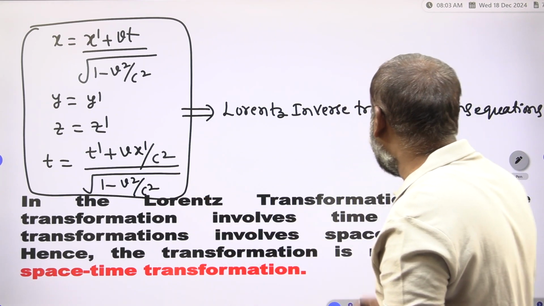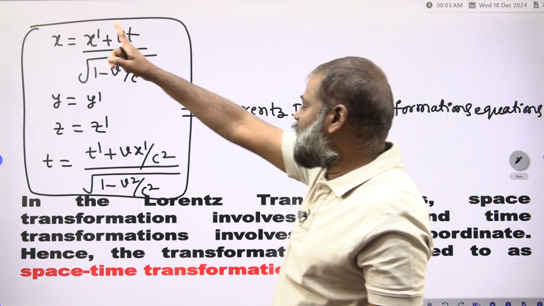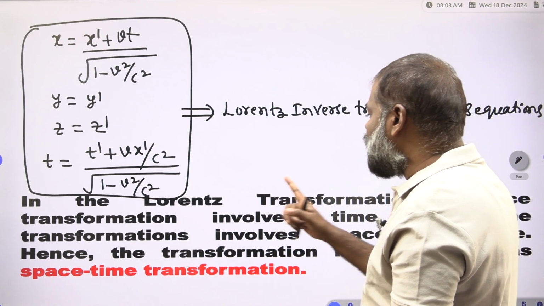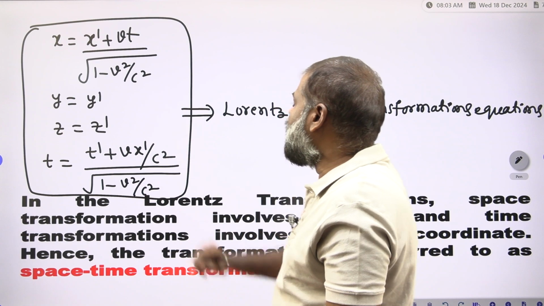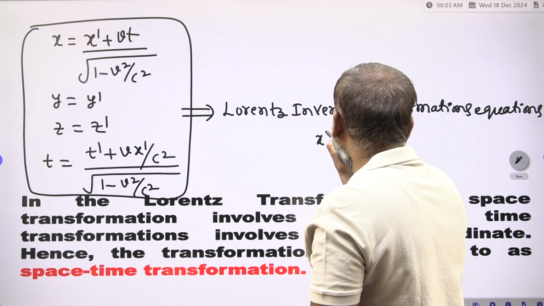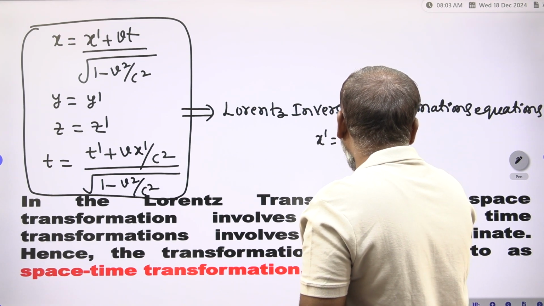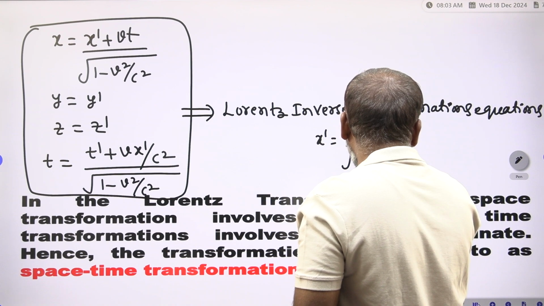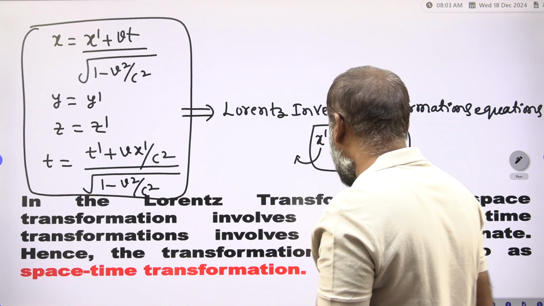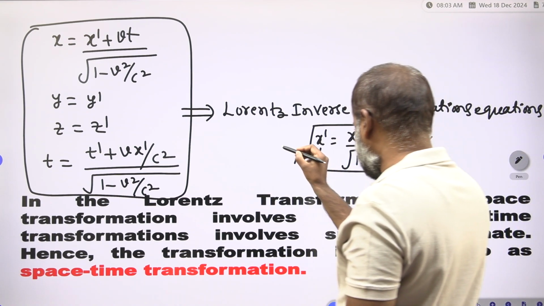In the transformation, suppose you look at the space coordinate transformation: x dash is equal to x minus Vt divided by square root of 1 minus V square by C square. This is the space transformation, and it involves time. On the left hand side there is space, and on the right hand side there is time. So this space transformation involves the time.